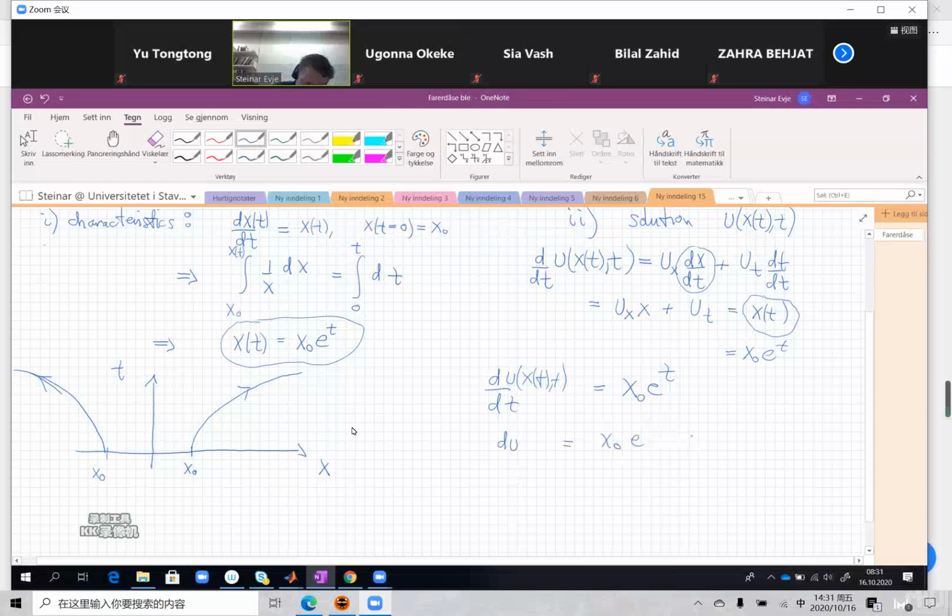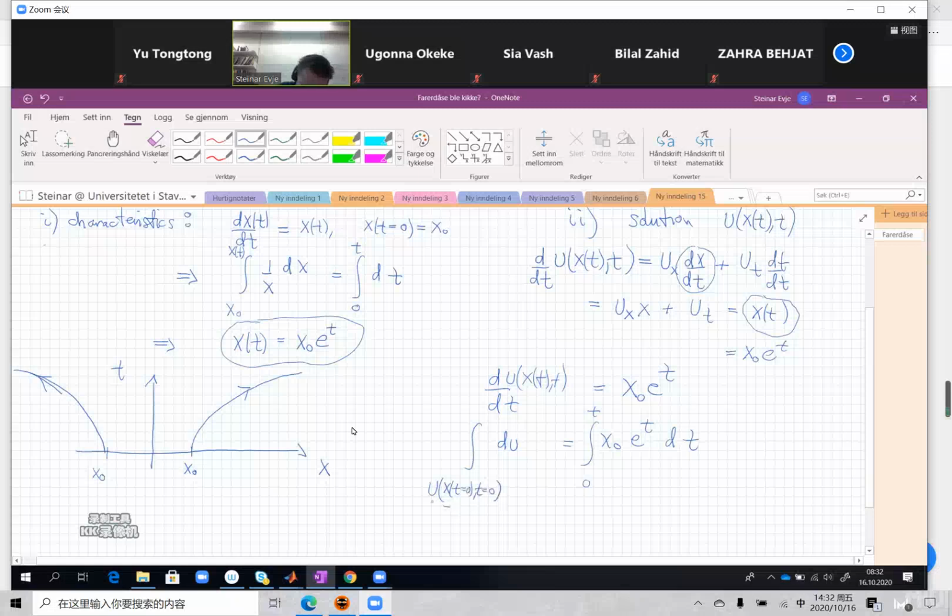And then we integrate this expression with respect to time, from 0 to t. And the corresponding limits in terms of u is u at x(t) equal to 0, t equal to 0.